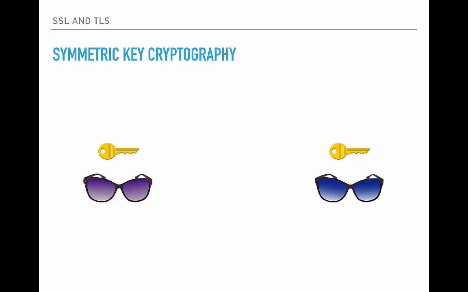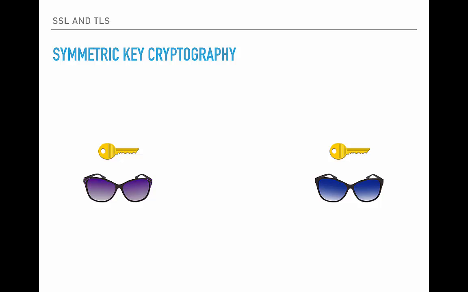To understand how SSL and TLS work, we need to understand both symmetric key and asymmetric key cryptography. Symmetric key cryptography works when two parties share the exact same key, which is used to both encrypt and decrypt a message. Let's say that Violet, represented here by the purple glasses, wants to send a message to Mr. Blue, represented by the blue glasses.